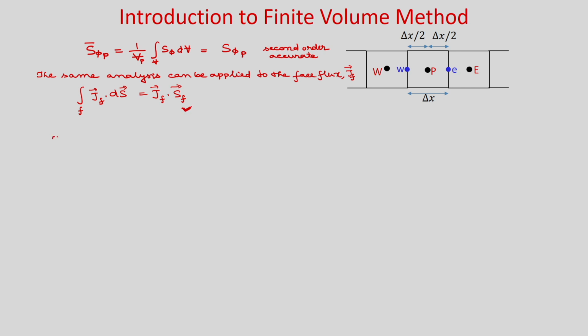And also the mean value approximation is order of delta x square, second order accurate, okay, even for non uniform grid. Okay.